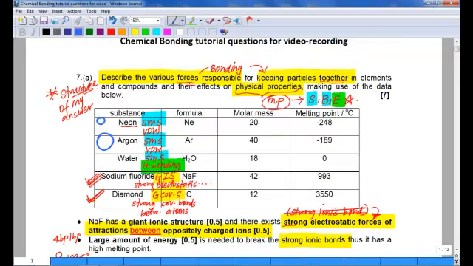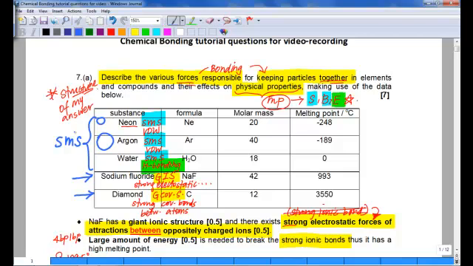Okay, so as a summary for this question, let's go back to the table again. If you notice how I structured my answer, I firstly target the substance which has a structure that's very easy to explain, for example, ionic structure. Then I will move on to another substance which has a structure that is very easy to explain, giant covalent structure. Then I will move into the SMS group.